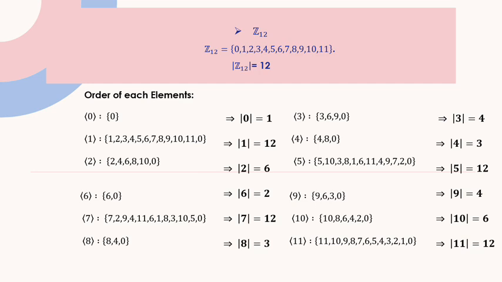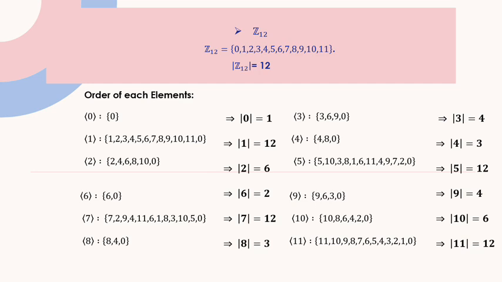Therefore, the order of number 4 is equal to 3. For number 5, the elements under number 5 are 5, 10, 3, 8, 1, 6, 11, 4, 9, 7, 2, and 0. Therefore, the order of number 5 is equal to 12.